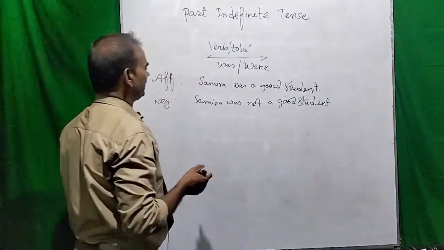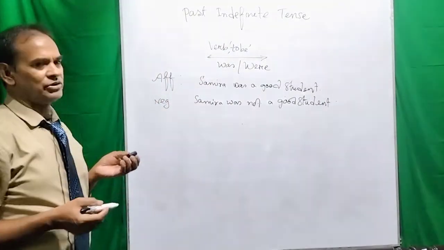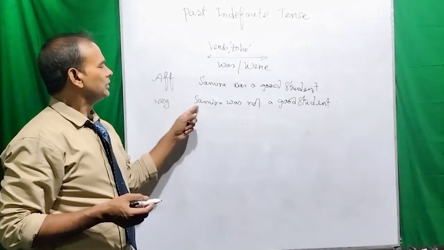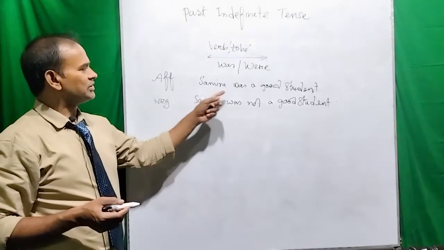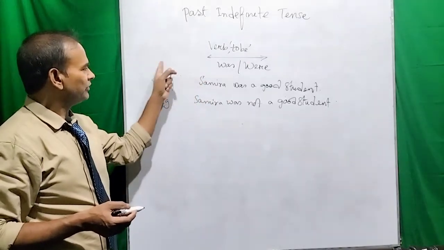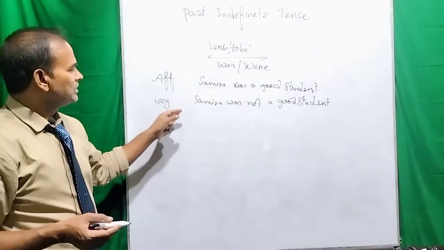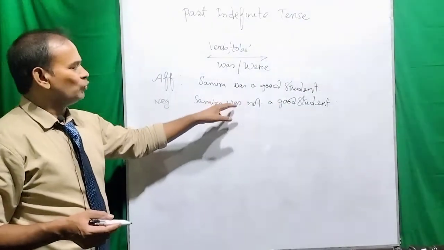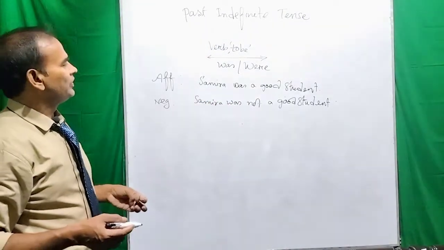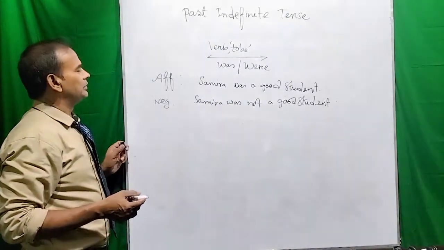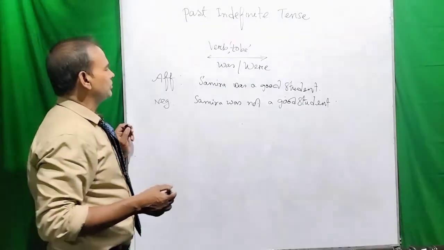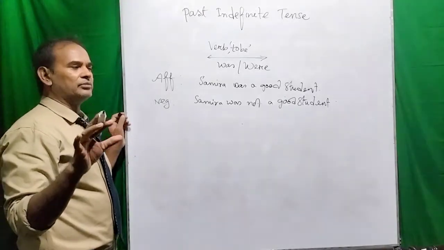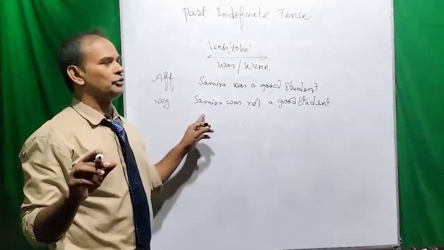So, dear viewers, you can see that we can make a conversion or transformation in our sentences. We have made the conversion of Samira was a good student. This is affirmative, and from this affirmative sentence I have made Samira was not a good student by adding not after the verb to be was. This is actually the conversion, because in conversions there are two changes.